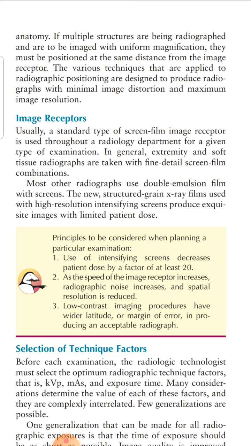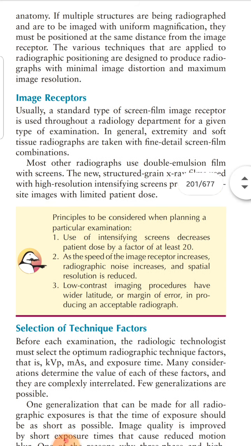For example, the kidney and the liver. Let's say the liver has a slightly higher contrast as compared to the kidney, but they can appear uniform. So these are the procedures with low contrast characteristics, so for that you have an increased margin of error in producing the acceptable radiograph.